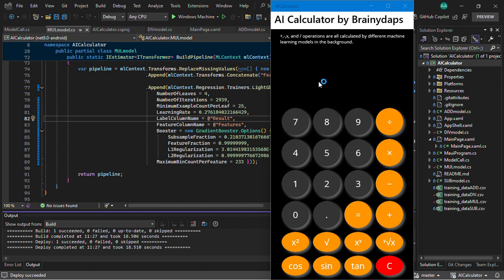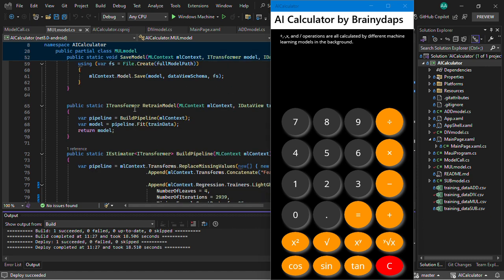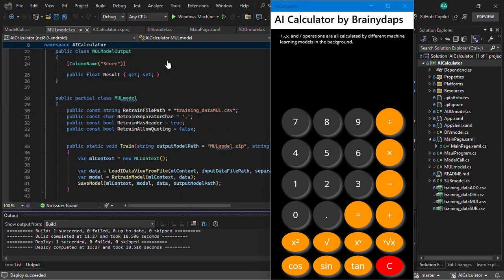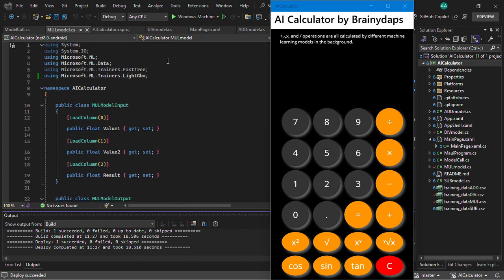So I'm going to be demonstrating the AI calculator I made. Yes, you heard that right. This is an artificial intelligence calculator. Normally, when programmers make a calculator application, they just use the usual mathematical library to make those calculators work.